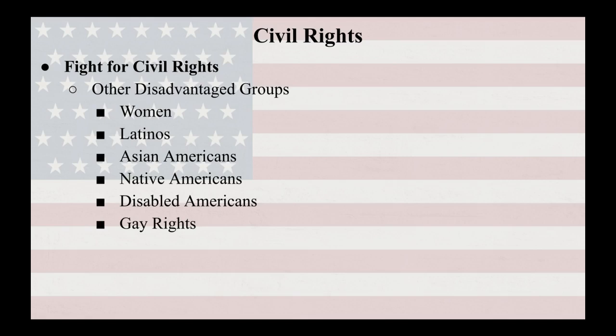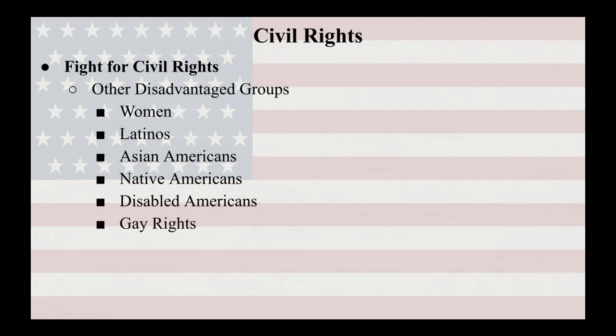And so if a gay couple were married legally in California, but they had to move to Texas for, say, a job, their marriage was called into question. And so the Supreme Court steps in and attempts to make things more equal across the states.